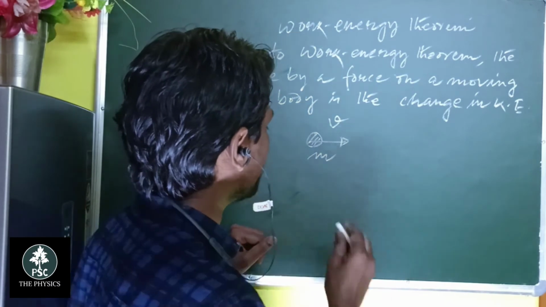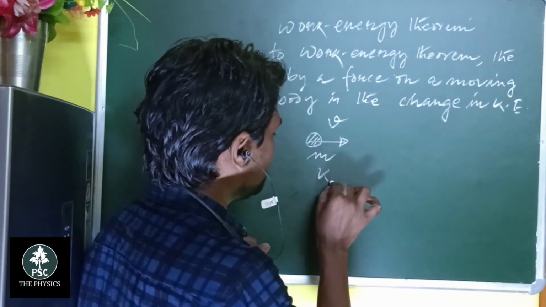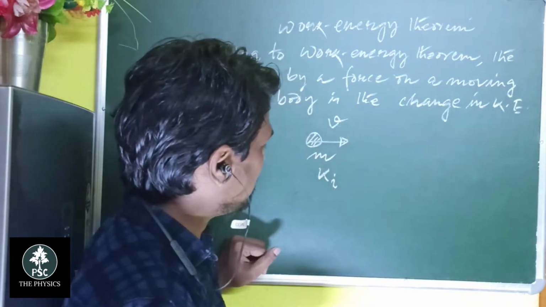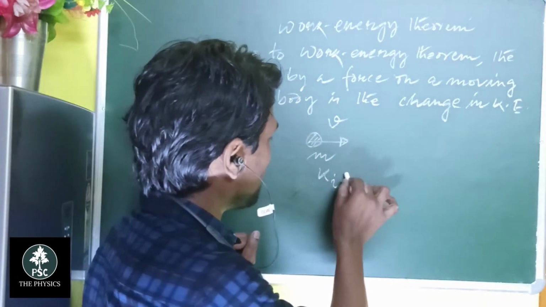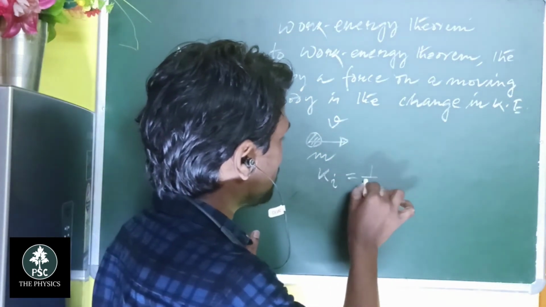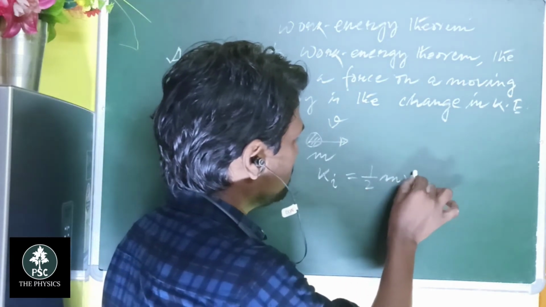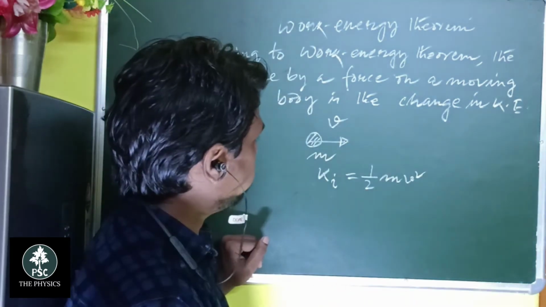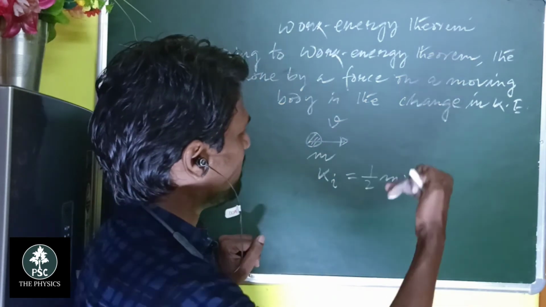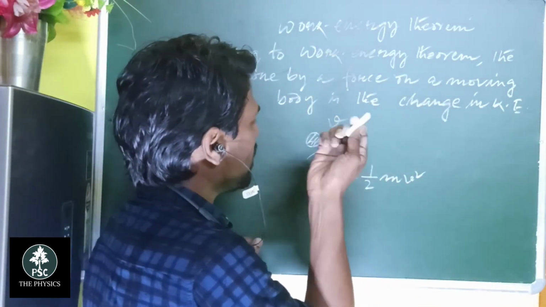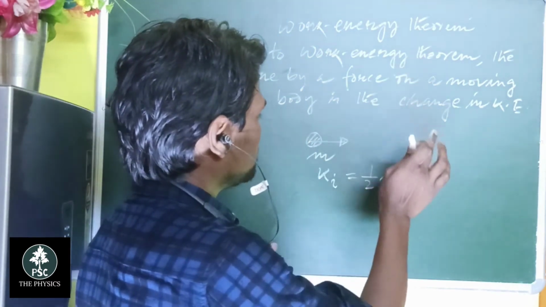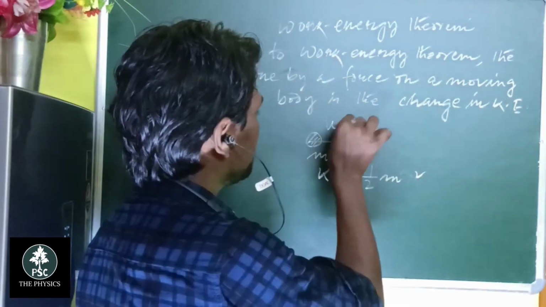Therefore the initial kinetic energy, you can write as kinetic energy suffix i, equal to half m u square, and you have to apply a retarding force.